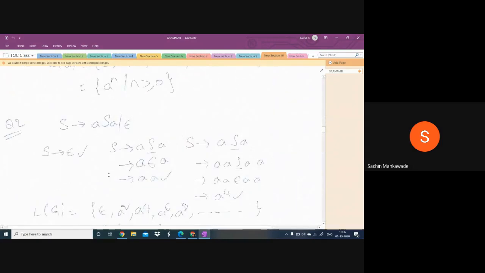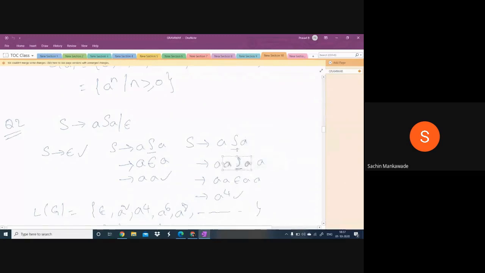Guys, these are the productions. Here also every time you have to search for the smallest one. S derives epsilon. It is producing epsilon, epsilon is the smallest thing. Now take A S A: in this S place, substitute epsilon, then A epsilon A will be A square. Similarly, ASA, next take in S place ASA, then in S place again substitute this ASA.